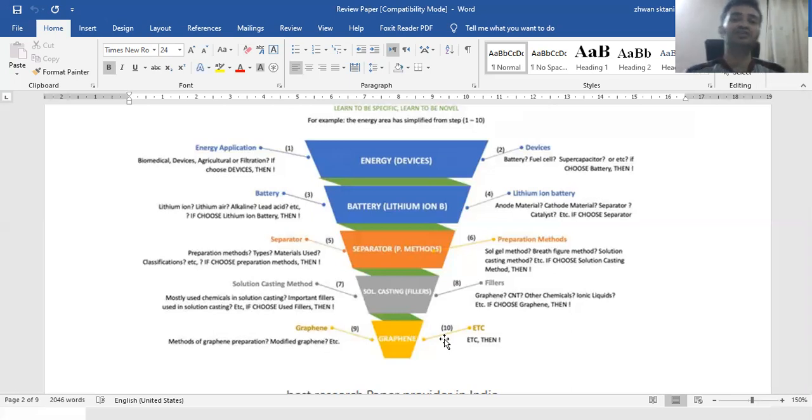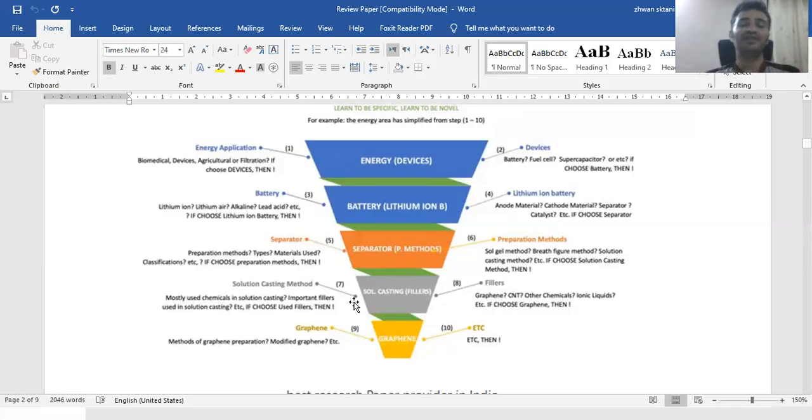If published, you should change your topic. For example, in the third stage, instead of choosing solution casting, you use sol-gel. After sol-gel, use another parameter. So again, you repeat that process.